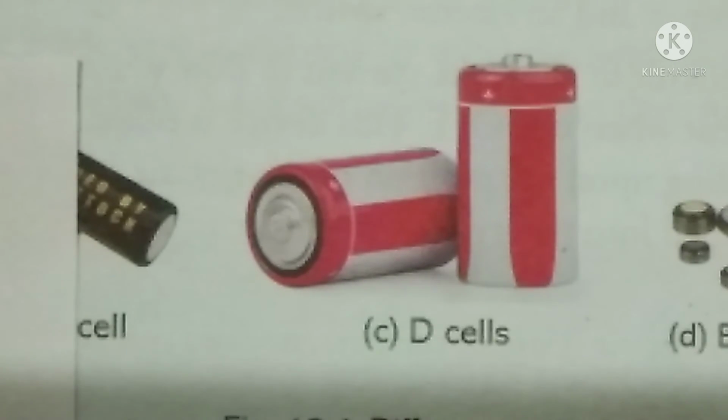If these cells are not disposed of properly, what will happen? When you throw these chemicals on the land, it will create lots of environmental problems as well as many health issues. Your health may be at risk if you throw them in the open or on the land.